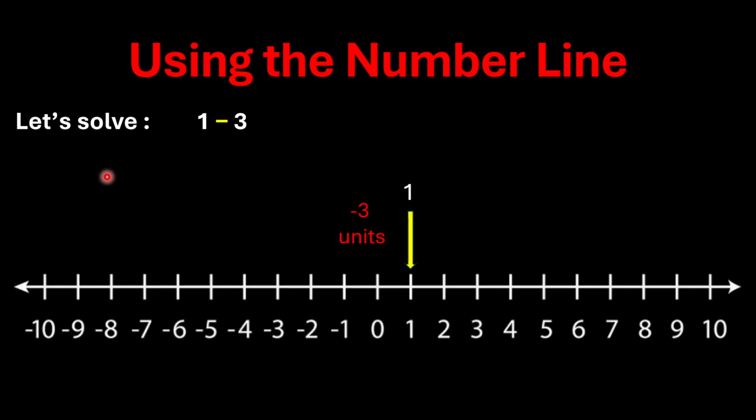We subtract 3 units, or 3 steps to the left using the number line. And as you can see, the result is minus 2. If we use the rule, 1 plus minus 3 equals minus 2, of course. So using the addition rule here, we found the result is minus 2.